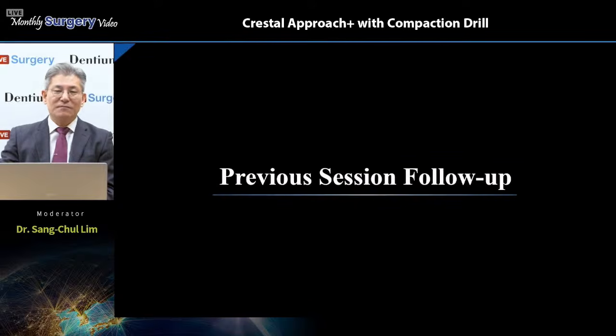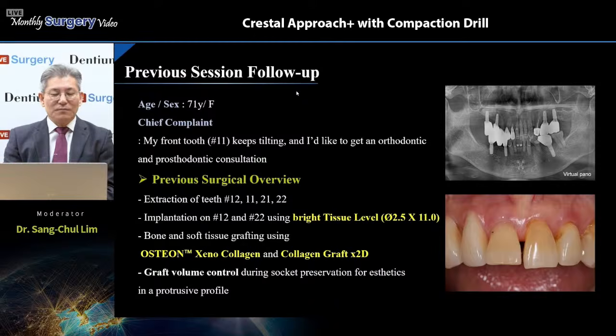About the previous session follow-up, the previous session was done in the upper anterior aesthetic area, as you know. The extraction of teeth 12, 11, 21, and 22, all four upper anterior teeth, was done, and implantation on 12 and 22, the lateral incisor area, using Bright tissue level, and bone grafting and soft tissue grafting.